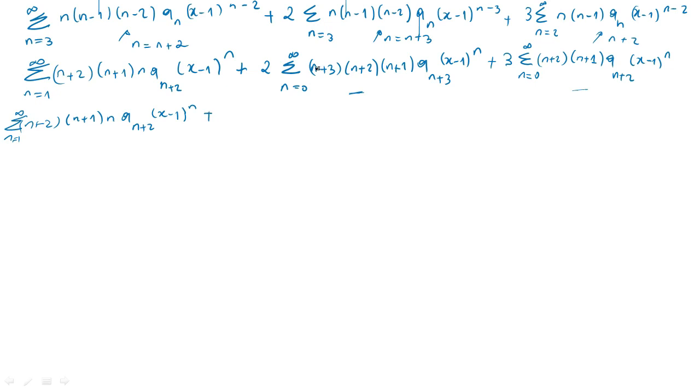Now I'm going to take the 0th term for this, so this will give me plus 2 into, I'll put 0 here for n equals 0, so I get 2 times 3 times 2 times 1 times a_3, (x minus 1) to the power 0 is just 1.